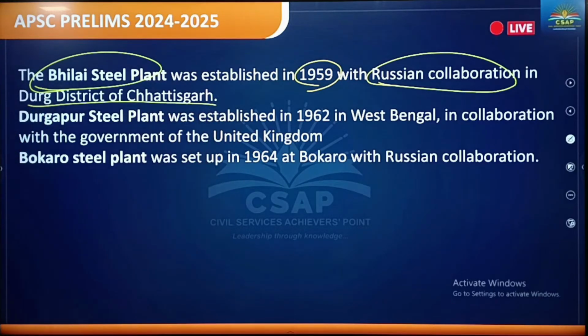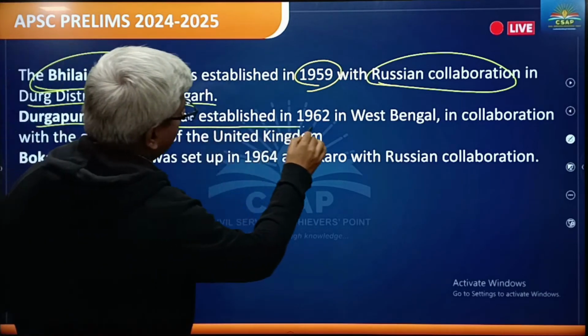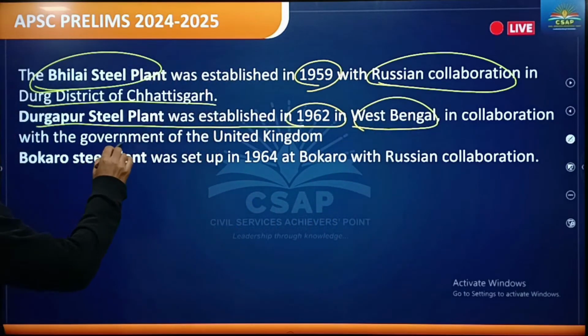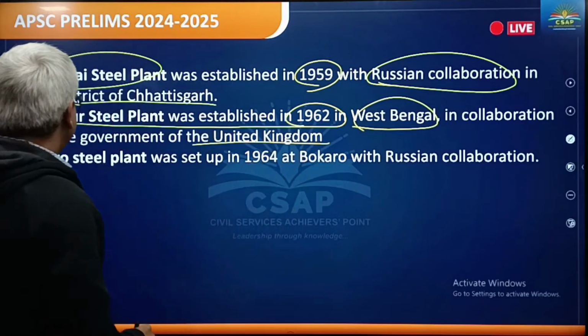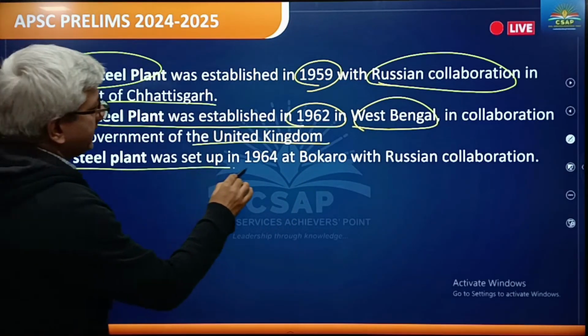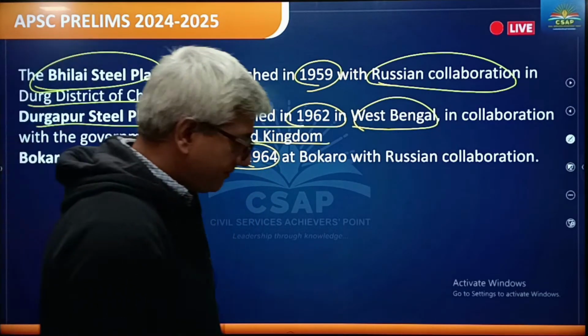Durgapur Steel Plant was established in 1962 in West Bengal in collaboration with the government of the United Kingdom. Bokaro Steel Plant was set up in 1964 at Bokaro with Russian collaboration.